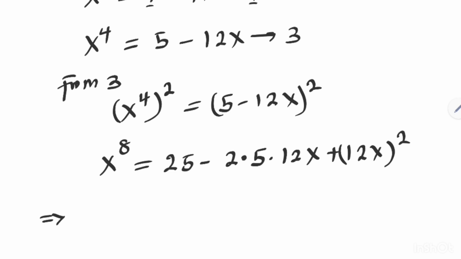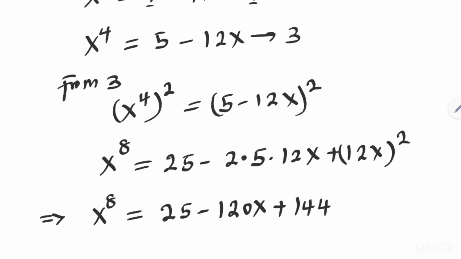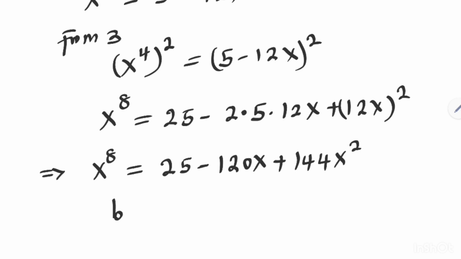This is the same thing as x raised to power 8 is equal to 25 minus 2 multiplied by 5 multiplied by 12x, that is 120x, plus, if you open this, 12 squared, that is 144, x squared. But x squared is equal to 1 minus 2x.